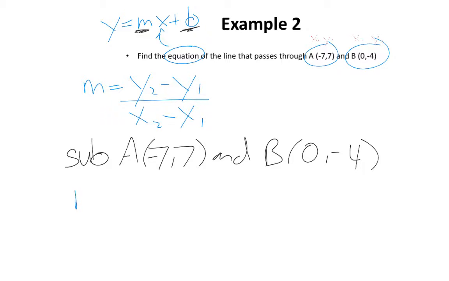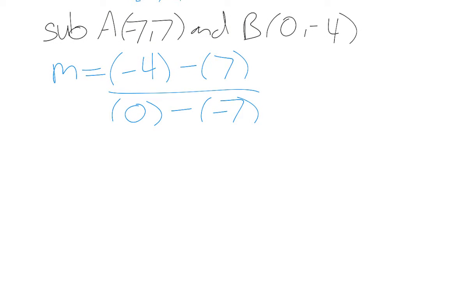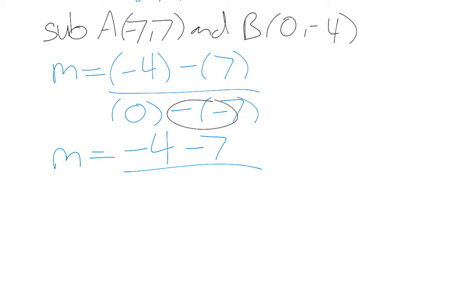All right. So I'm going to have negative 4 subtract 7. And on the bottom, I'm going to have 0 subtract negative 7. We're going to clean up some of these brackets and signs. So everything on the top stays the same pretty much. However, on the bottom, you have 2 negative signs beside each other.